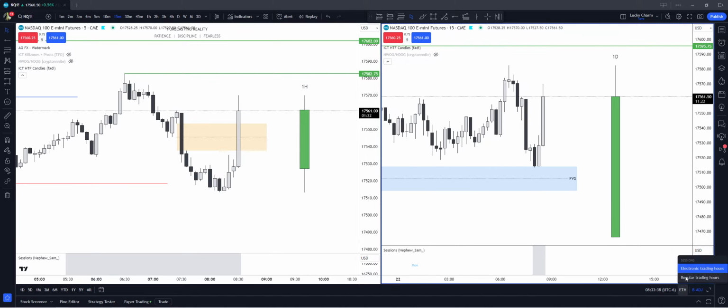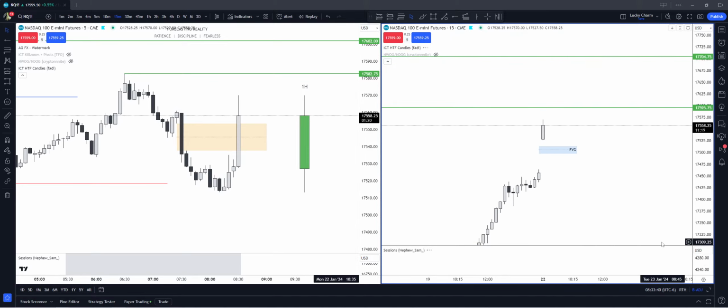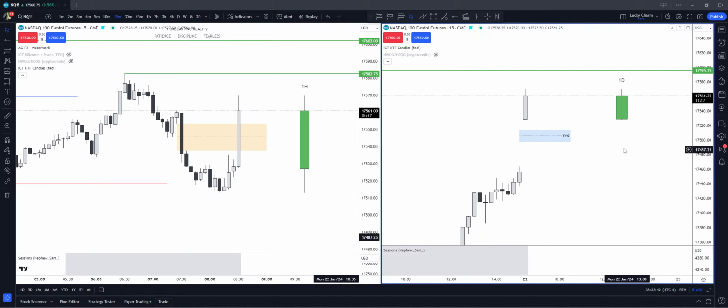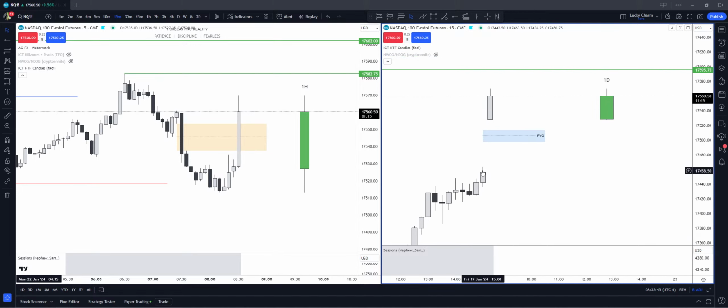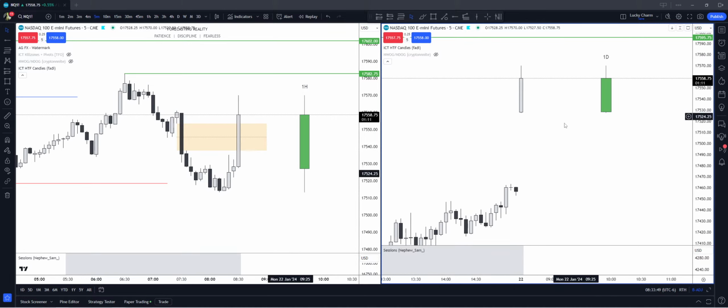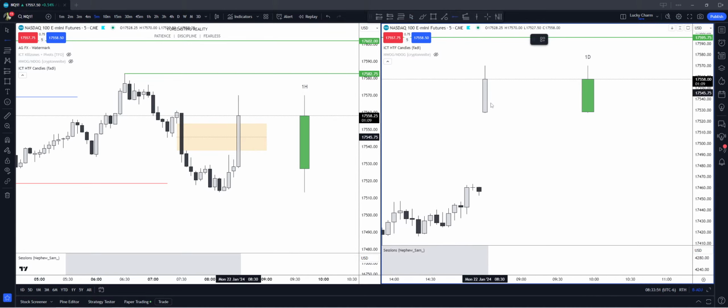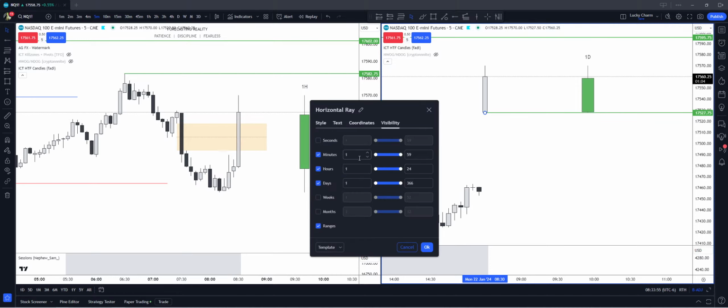To annotate, we're going to do the RTH gap. So this was Friday's close. This is today's open. So we've opened up higher, leaving a RTH gap underneath us. So it's something to annotate and keep in the back of your mind.